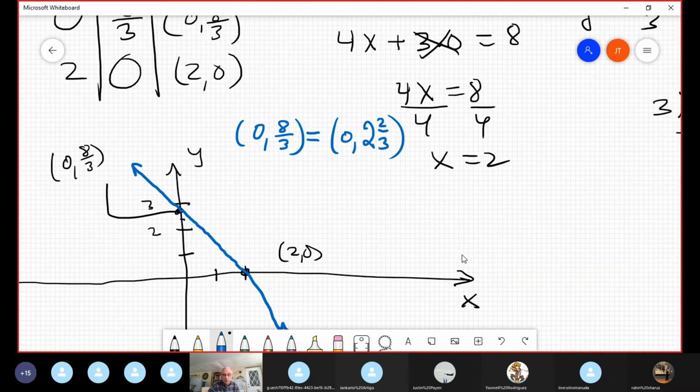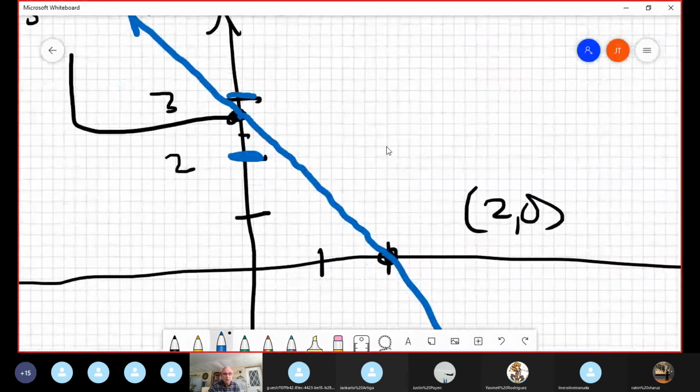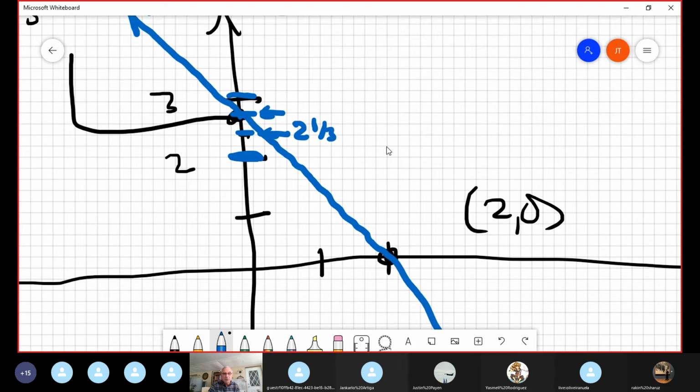Now, 2 and 2 thirds is a point between 2 and 3. Let me zoom to see this segment more clearly. This is 2. And you divide this in 3 portions. The first part is 2 1/3, and the second is 2 2/3, which is 8/3. And you plot that point. Clear now?